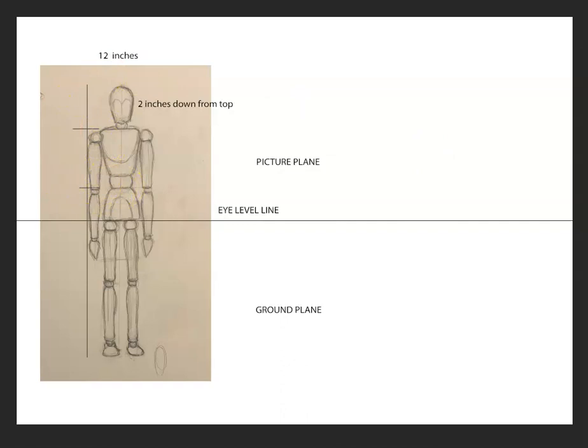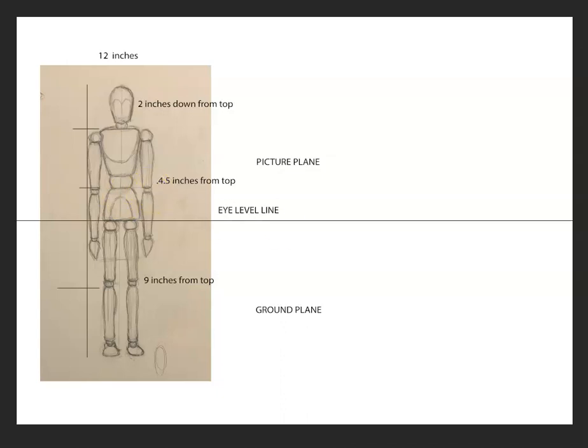That's about 4.5 inches from the top of this 12-inch line here. And the last mark I'm going to make is right about the top of the calves, bottom of the knee socket there. That's at about 9 inches from the top of this 12-inch line. So that gives me my basic proportions from which I can derive the rest of the proportions of the body.